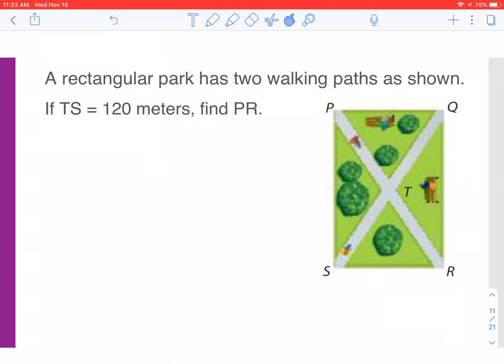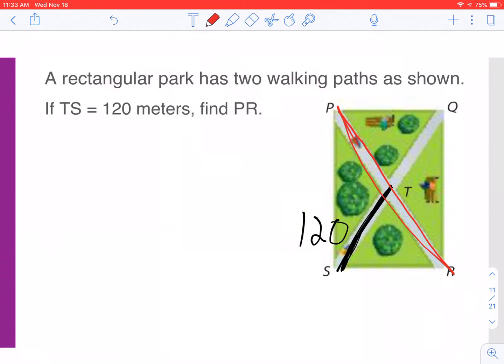All right, so let's take an example. A rectangular park has 2 walking paths. TS equals 120. So here's TS. That's 120. Find PR. And I'm going to draw that in red. So I need to find the whole thing.